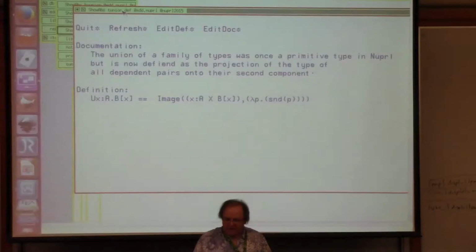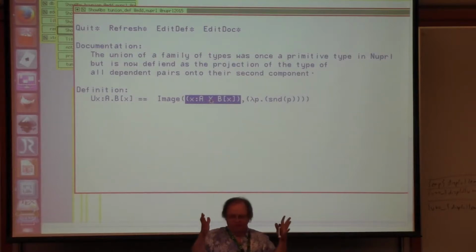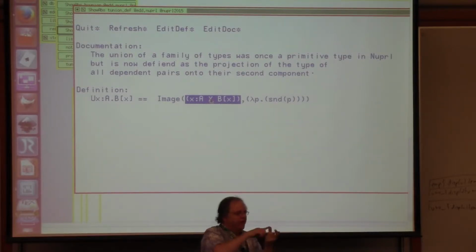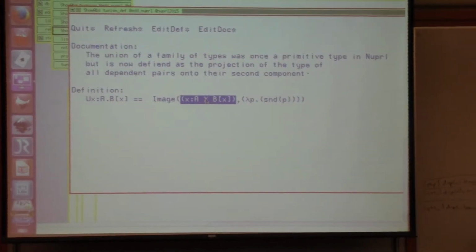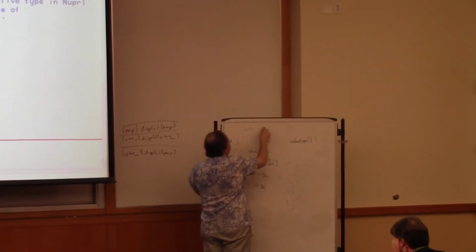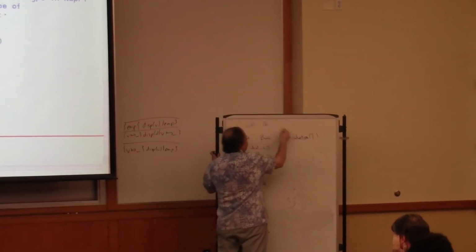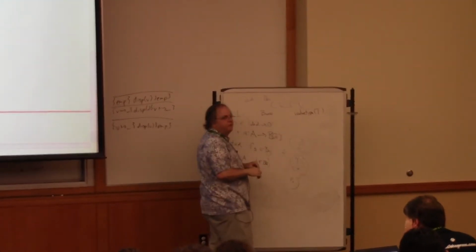Anyway, if we take the dependent product type, that's the sigma type. It's the set of all pairs of an A and a B, and we just apply the pi2, the projection onto the second component. Then what do we have? For every A, we have a type B of A, and we want to get the union of all of these B of A's.